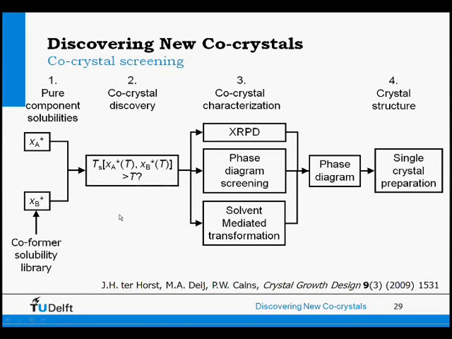So notice that we don't use stoichiometric solutions of 1-to-1, because our compositions to screen are governed by the pure component solubilities, which can be quite different for the different components. So if we have indications that co-crystals exist, we can analyze them with XRPD, and we have other methods of preparation.